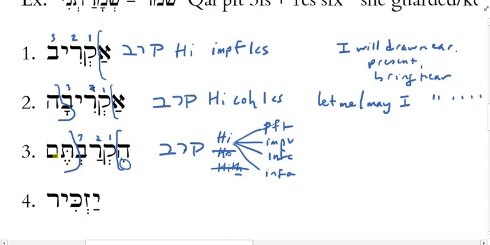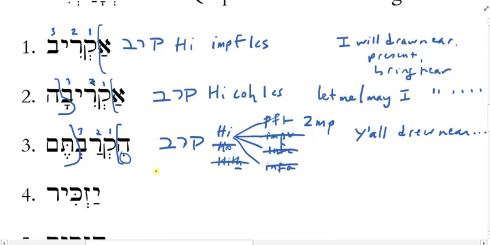Which one of these 4 can take that kind of an inflectional suffix? Only the perfect. So we can scratch those 3 out. This is a hifil perfect. Tem is 2MP. So this means y'all, what? Yeah, presented, drew near, so forth, so on, okay? So all the same meanings.